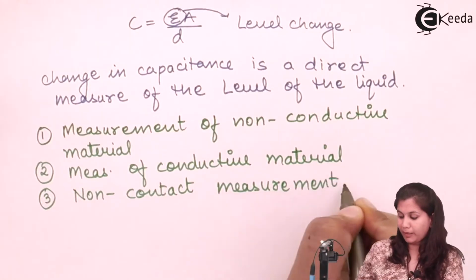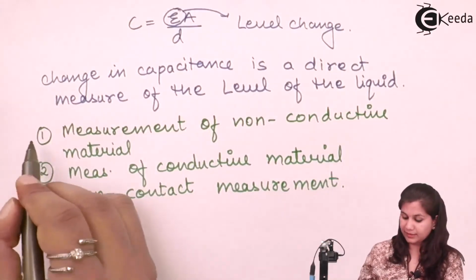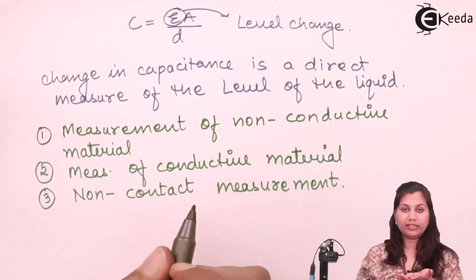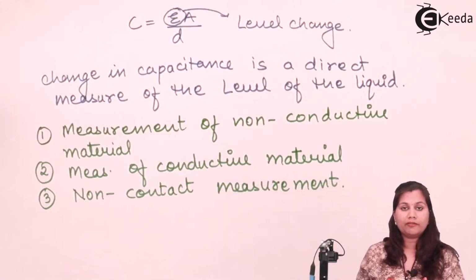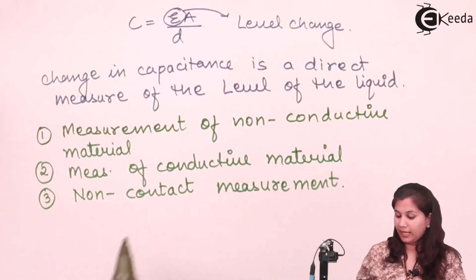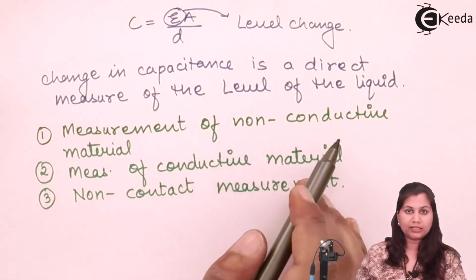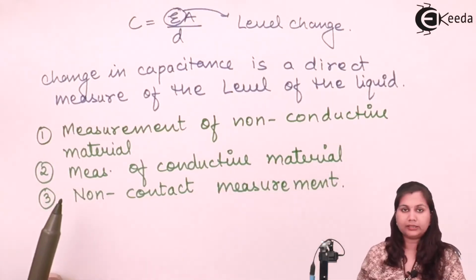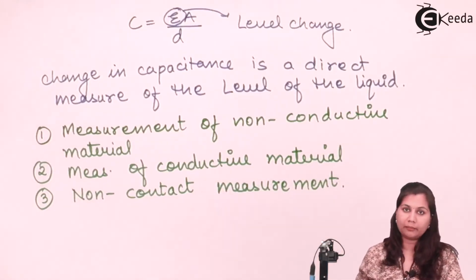So the measurement by capacitive sensors can be of a non-conductive material, meaning the liquid whose level we are measuring is non-conductive, or a conductive material, or the third type, the non-contact measurement.